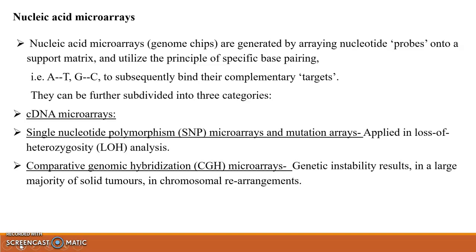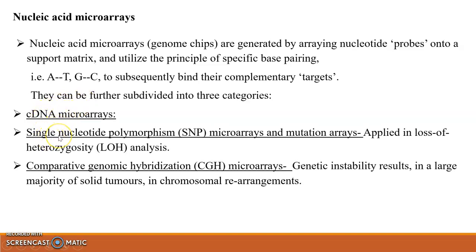The basic principle behind this nucleic acid microarray is similar to that of the microarray. In case of cDNA microarray, as we have seen, from both the normal cell and the cancerous cell the RNA is isolated and probed on the microarray plate.